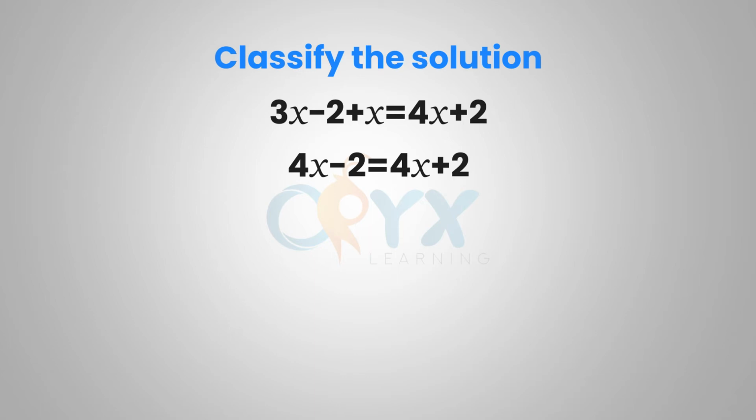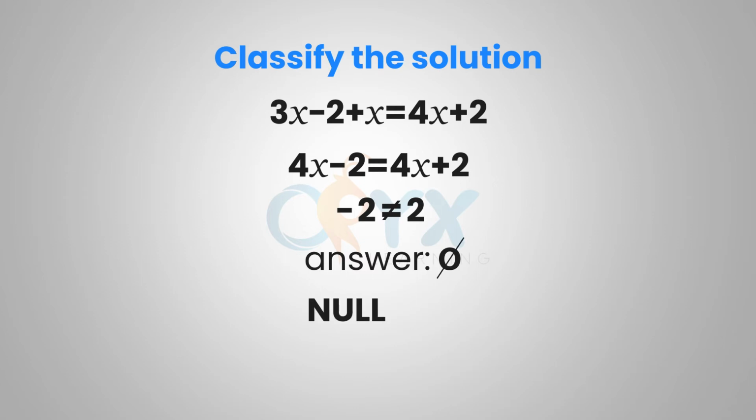In order to get the variable terms on the same side, we will subtract 4x from each side. Subtracting 4x from each side will leave us with negative 2 equals 2. We know that negative 2 does not equal 2. That is a false statement. So our answer is the null set, or the 0 with the slash through it.